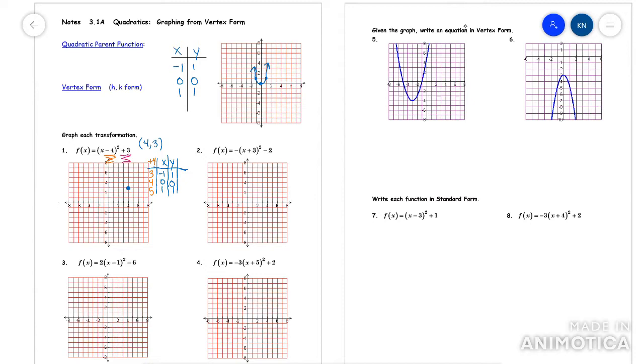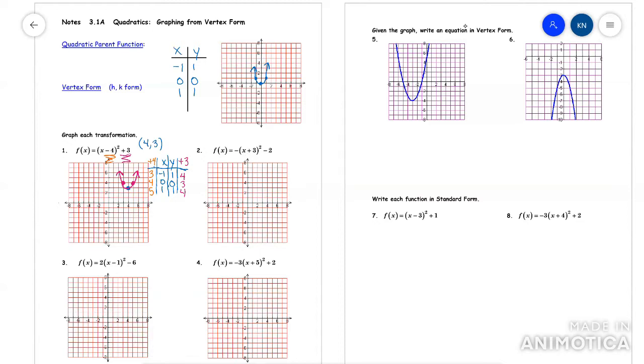So I'm going to actually add 3, and it's going to affect my y values this time. Okay, now when you actually go to graph it, you're going to use the outermost x's and the outermost y's as coordinates. So this first one, 3, 4. And then just do a U shape off of that. And that's how you would graph it.